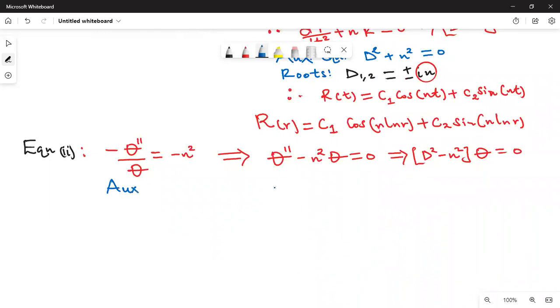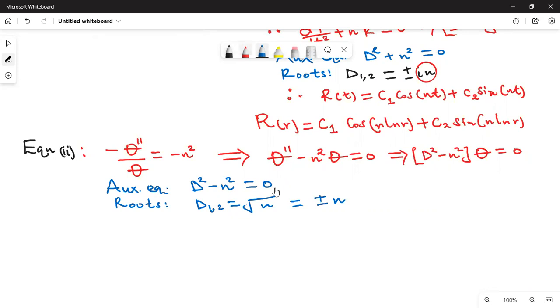So our auxiliary equation is D squared minus n squared equals 0. So the roots, you make D the subject. There are two roots, D1 and 2, which is the square root of n squared, which is either plus or minus n. Now in this case, the roots are real and distinct.